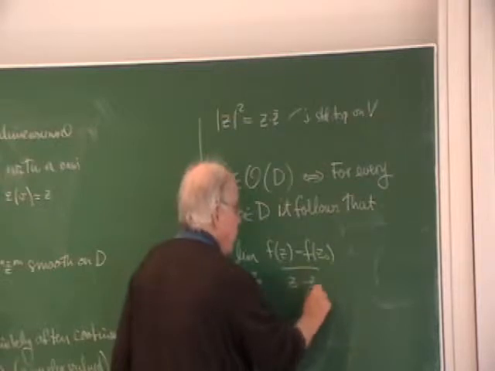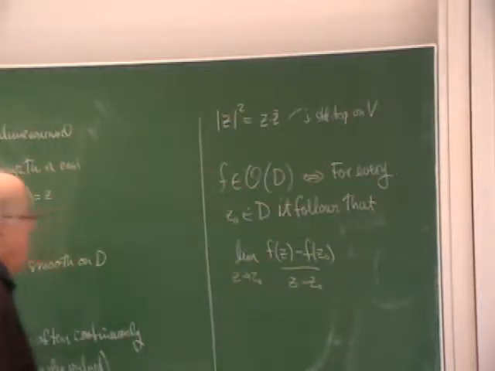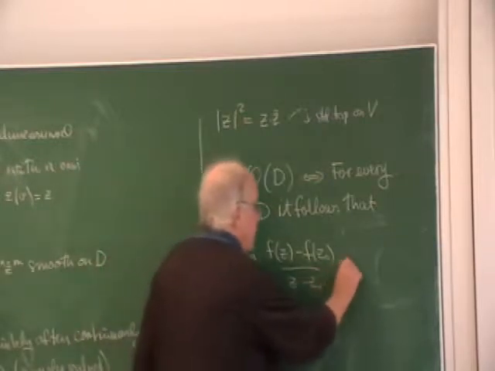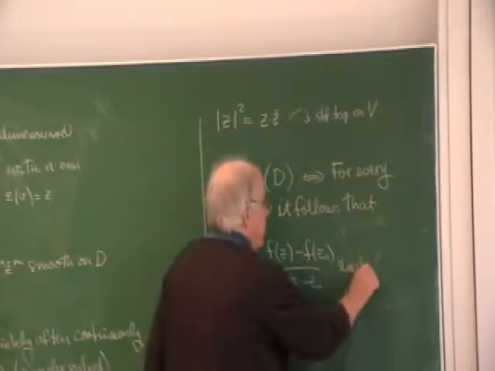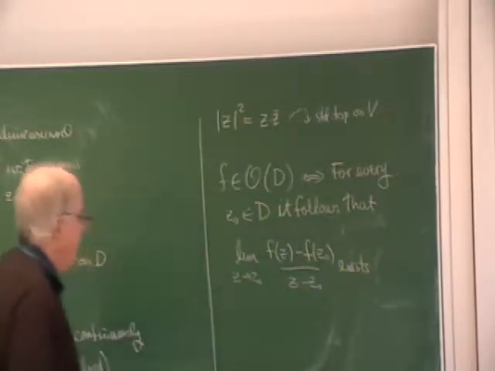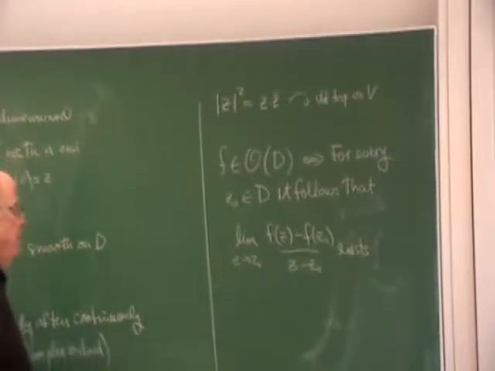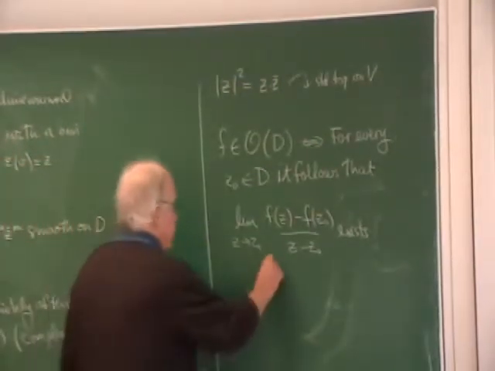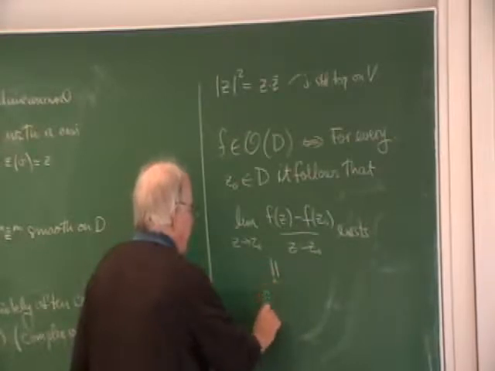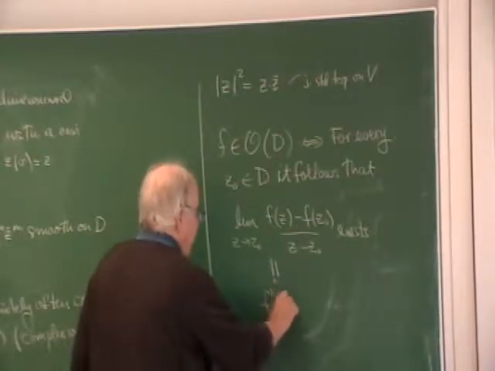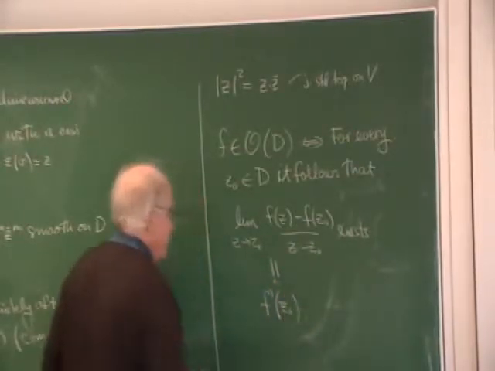The usual thing that you would expect from beginning analysis exists. That means it's well defined and exists as a complex number. And the notation is that we call this the first derivative of f at the point z0.